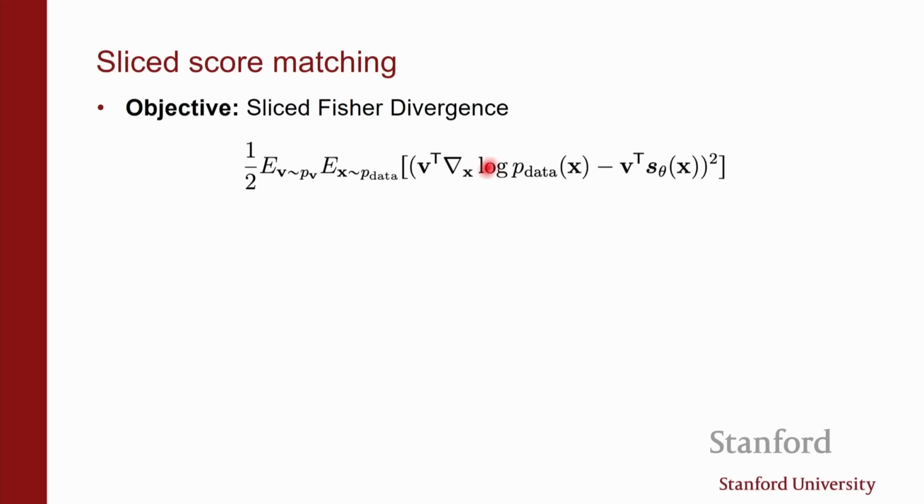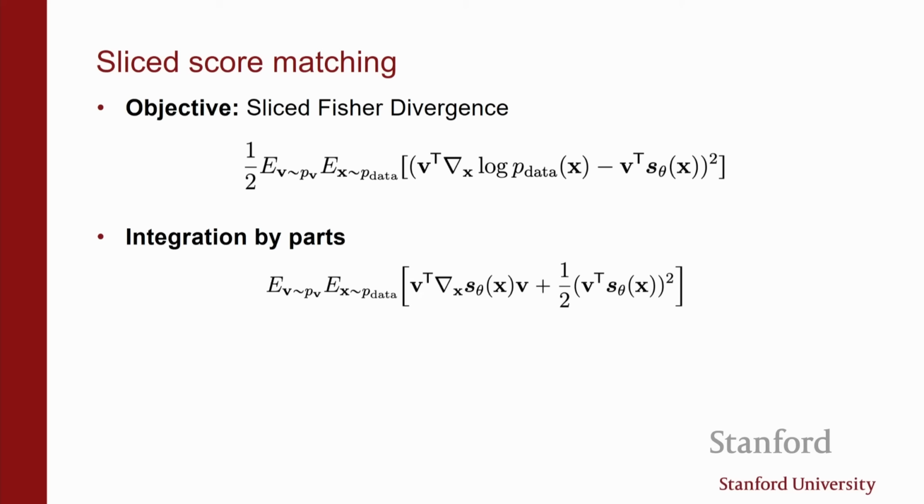But before comparing the data to the model gradients, we project them along a random direction v. You randomly pick a direction v, and at every data point you compare the true gradient and the estimated gradient along this direction v. Note that after you take this dot product, these are no longer vectors, they are scalars.